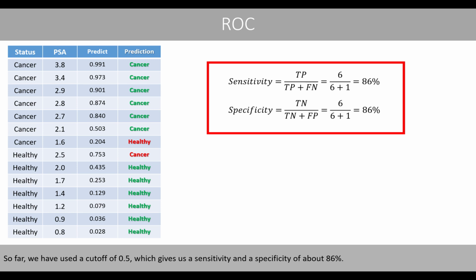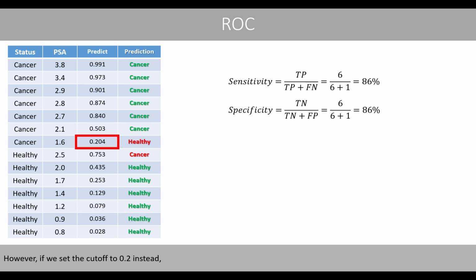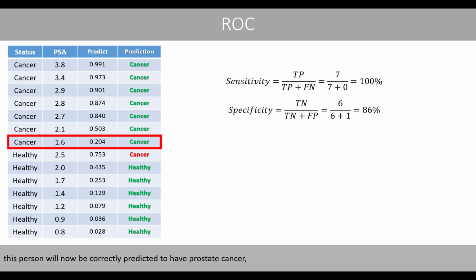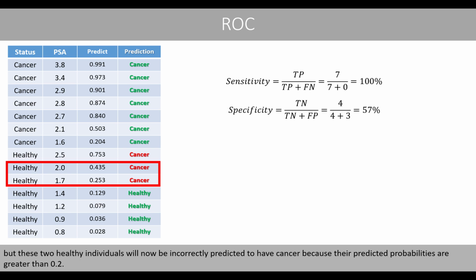So far, we have used a cutoff value of 0.5, which gives us a sensitivity and specificity of about 86%. However, if we instead set the cutoff value to 0.2, this person will now be correctly predicted to have prostate cancer. But these two healthy individuals will now be incorrectly predicted to have cancer because their predicted probabilities are greater than 0.2.